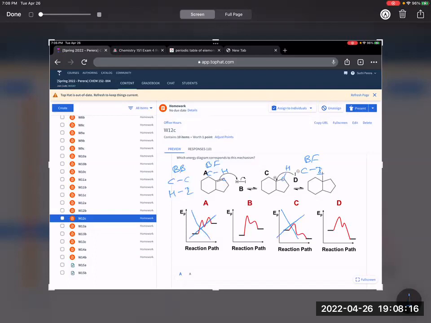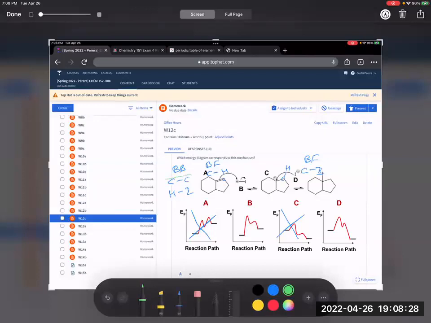So between B and D, what we need to decide is whether the overall reaction is exothermic or endothermic. Overall, we are breaking C-C and H-I bonds, and we are forming a C-H bond and a C-I bond. Because we are breaking one C-C bond and one H-I bond, and forming two stronger bonds, the product side has a lower potential energy.